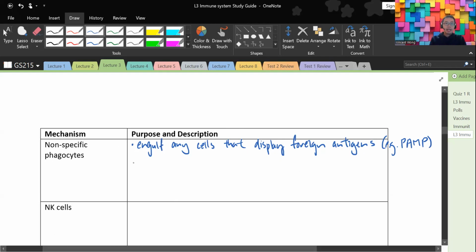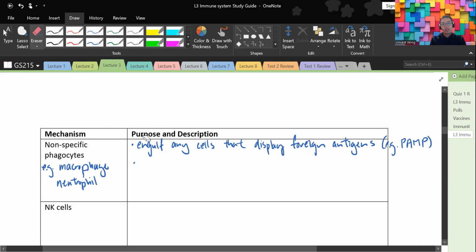Okay. Another thing that's important to know for these non-specific phagocytes, I should put an example here. So like macrophages, neutrophils, right? Okay.